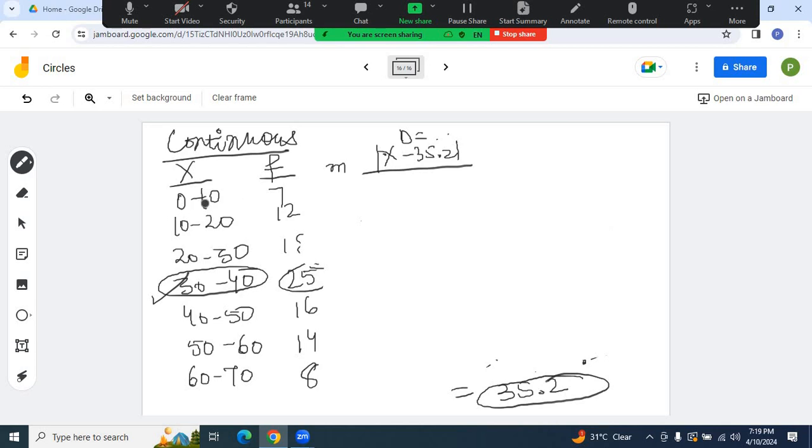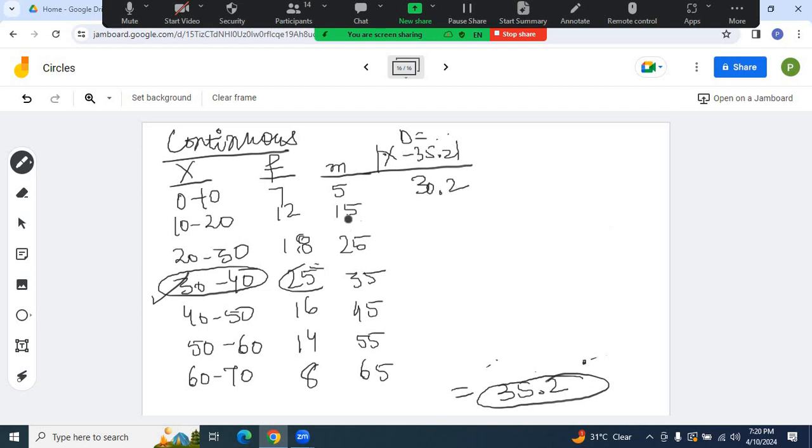The mid value of 0 to 10 is 5, 10 to 20 is 15, 20 to 30 is 25, 30 to 40 is 35, 40 to 50 is 45, then 55, 65.